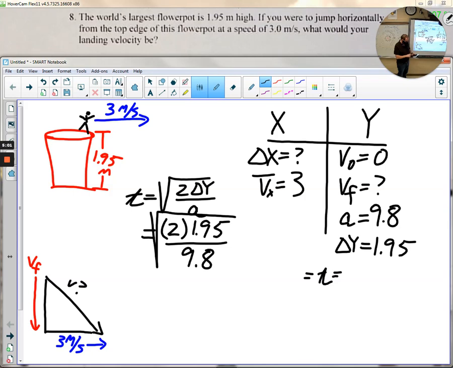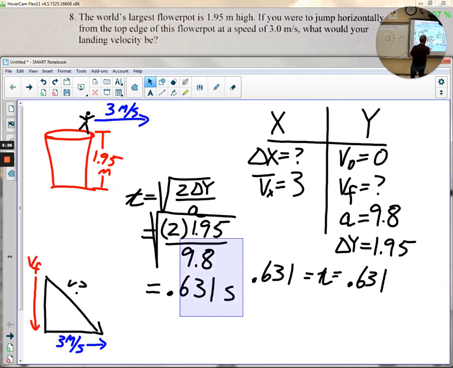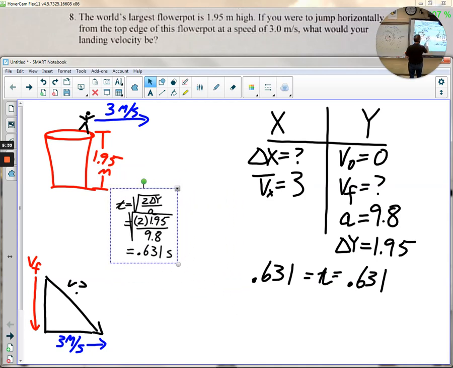I get that my hang time is 0.6308, so I think we could probably call it 0.631 seconds. I'm going to add that to my T chart over here.